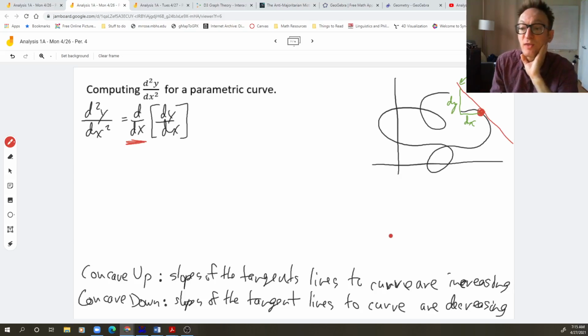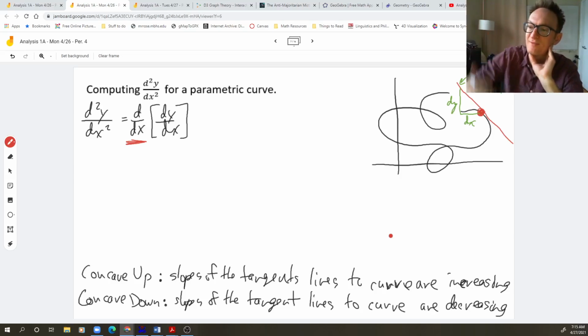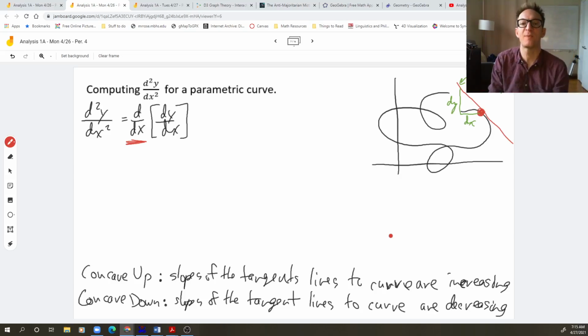That the thing which is going to tell me whether the curve is concave up or concave down is this calculation. You take the slope of the tangent line to the curve, and you ask what happens to that slope when x changes by a little bit.